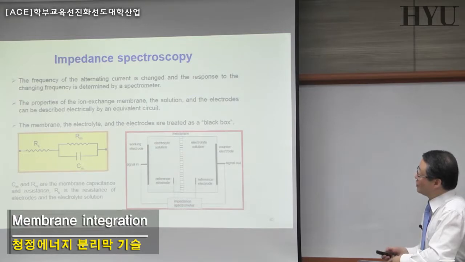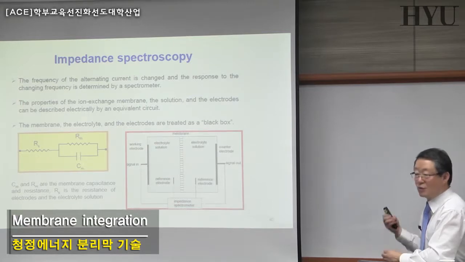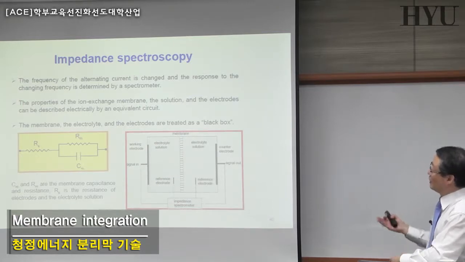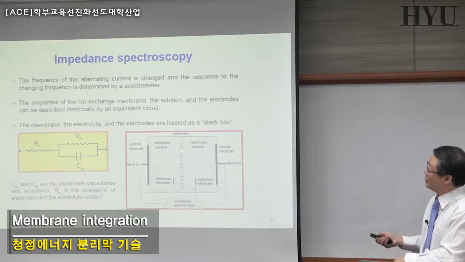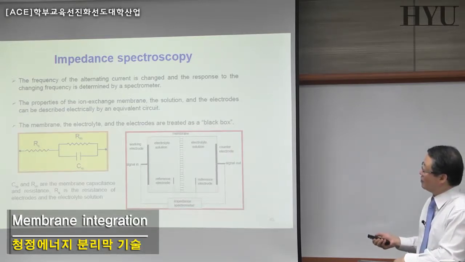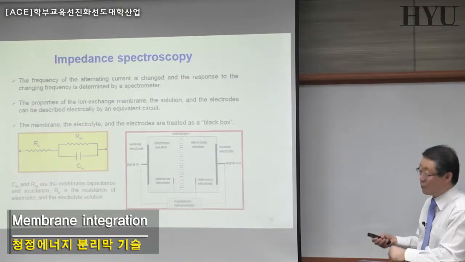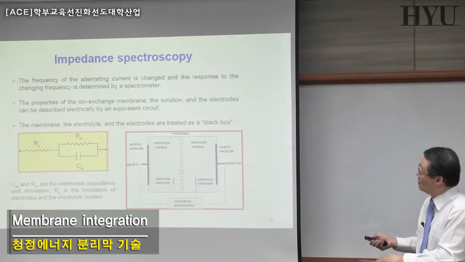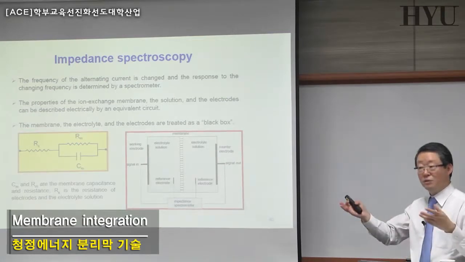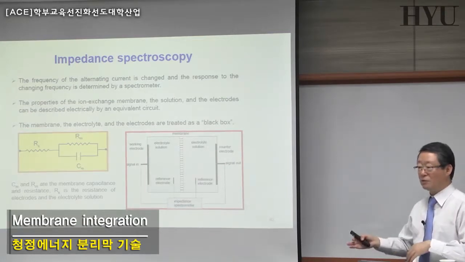So the potential of the solution, potential of the membrane, and potential of the electrodes can be described electrically by the equivalent circuit in this case. If you have a membrane here, the membrane may have resistance, and may have a capacitance.